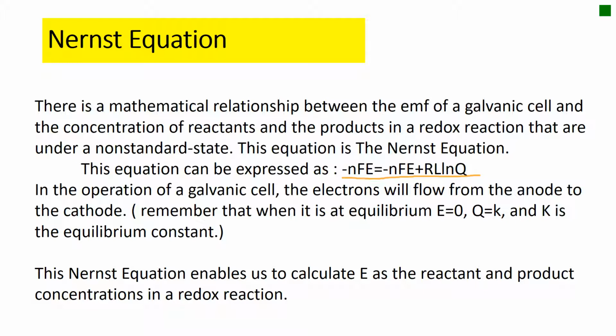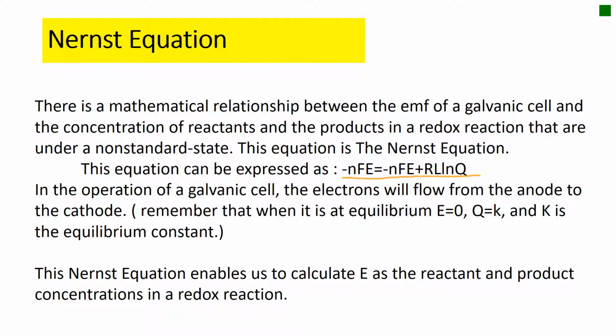In the operation of the galvanic cell, the electrons will flow from the anode to the cathode. That's a very important part to understand, where the electrons are flowing from and to, in one direction. So always keep in mind that whenever this operation is in equilibrium, E is always going to equal 0, Q is always going to equal K, and remember that K is the equilibrium constant.